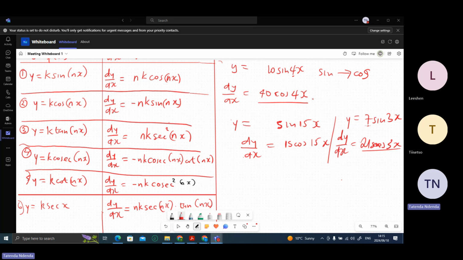Yes. Okay, so these ones are self-explanatory. For example, if you're having 2 cos 3x, how much do you get here? It would be negative 6 sine 3x. Okay. So basically, guys, that's all about these.